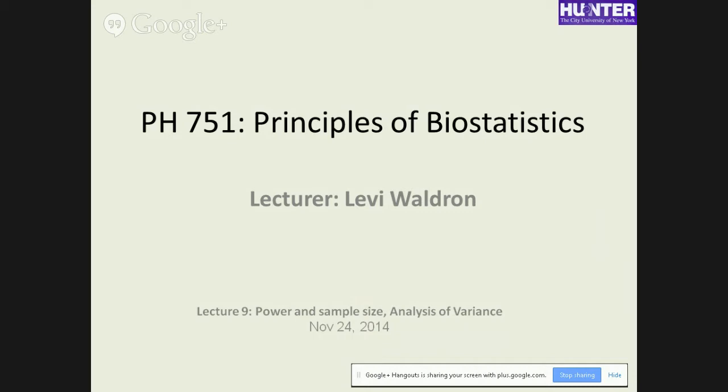But let's get started. I'm going to cover the bit of stuff on power and sample size that I was originally going to do last class and inadvertently put on the exam. You'll see tonight what would have allowed you to answer those questions, and then go over analysis of variance. We're going to cover one-way analysis of variance just to get you introduced to the concept of it.